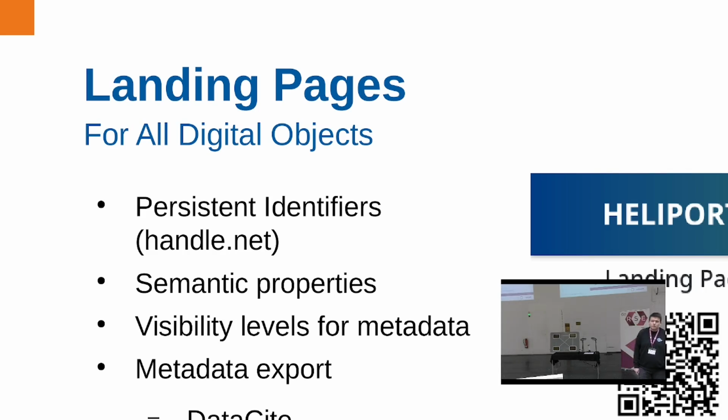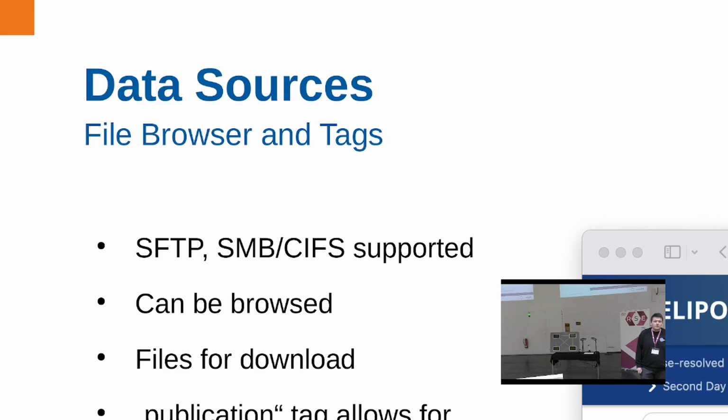You can choose for certain aspects of the metadata how much you want to show to the public. And there are different metadata export formats available. For example, bibliographic metadata in the DataCite format, but also the more semantic things with various RDF serializations.